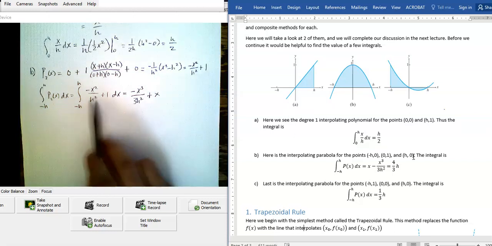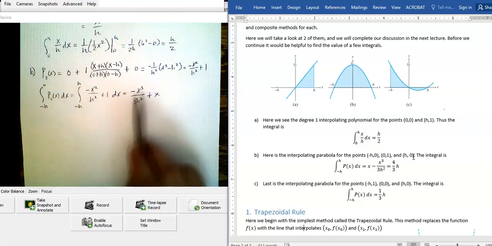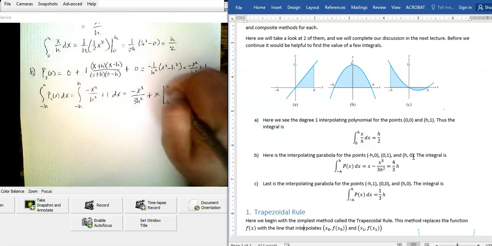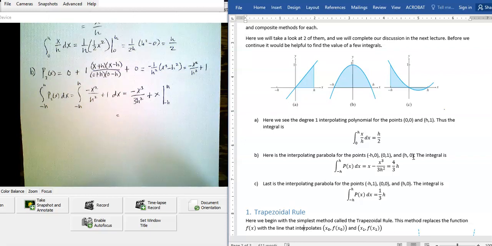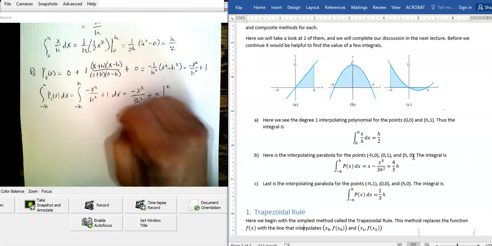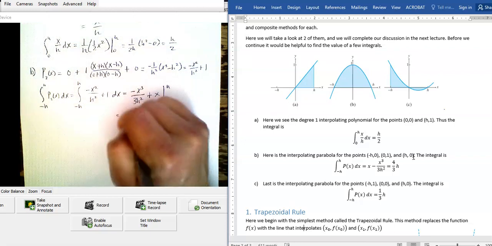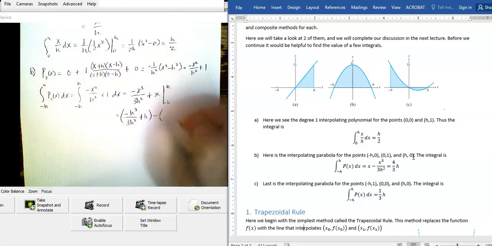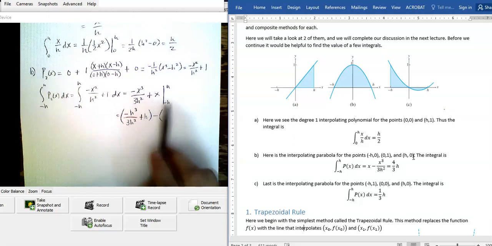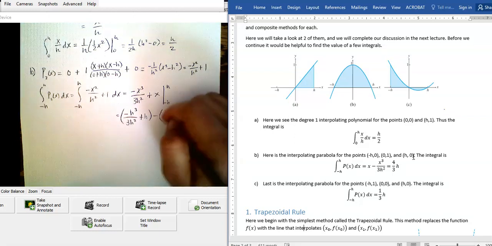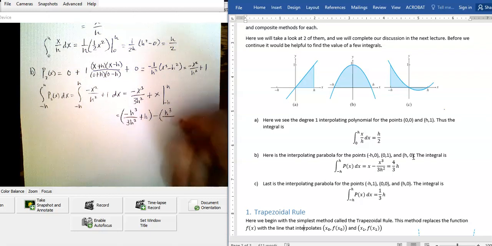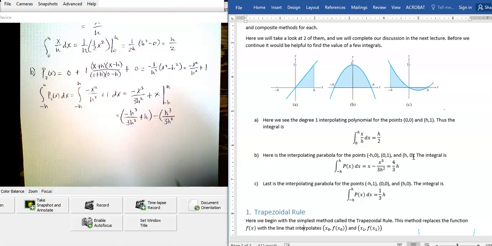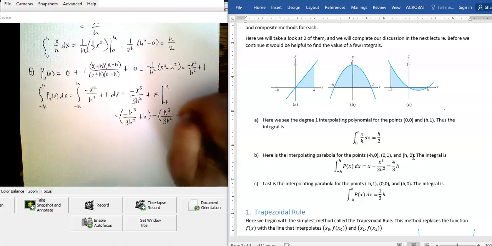Note that h is constant, so we just pull it out and divide. Antiderivative of 1 is x, from negative h to h. Evaluating that, we get negative h cubed over 3h squared plus h, minus negative h cubed, so that's going to be positive, h cubed over 3h squared minus h.